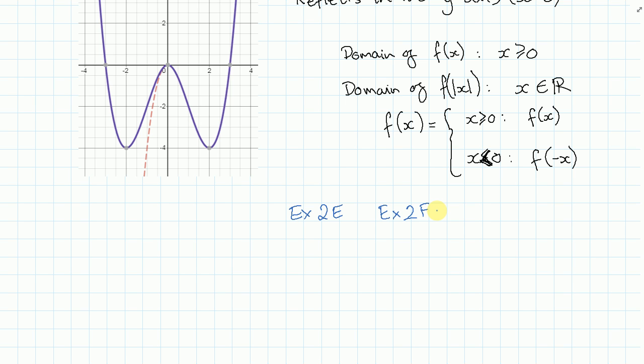So 2E is on page 30. Oh, sorry, I'm missing one as well. You should also be able to do... Oh no, there was 2E, 2F. 2E is on 30, and going on, and 2F begins on page 34.